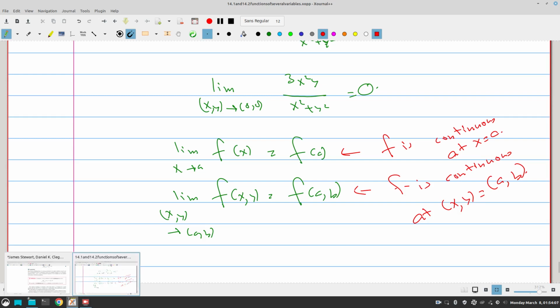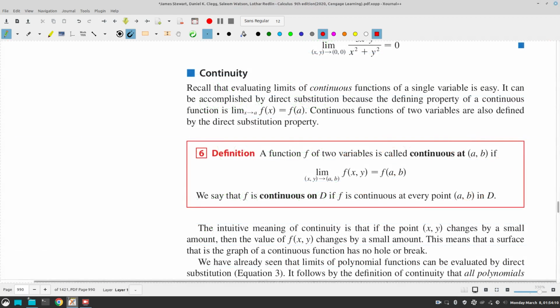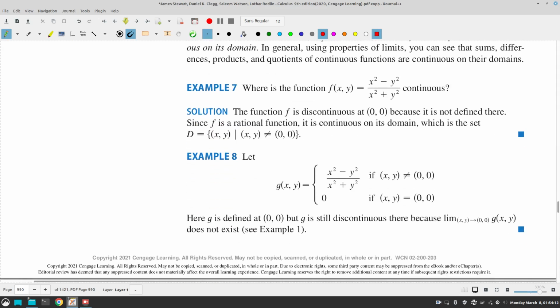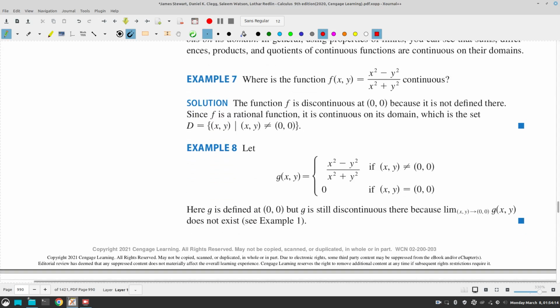Let's look at this function, let's redefine an old function: f of x y equals x squared minus y squared over x squared plus y squared, right? We're going to find out that this is discontinuous, and then we're going to redefine it and find out that it's indeed continuous.